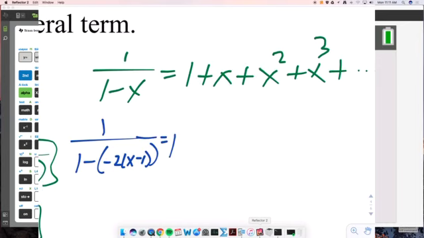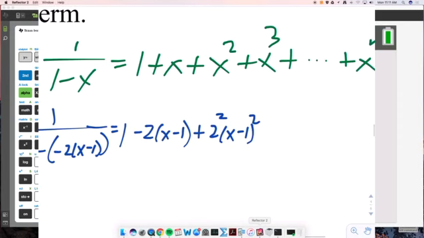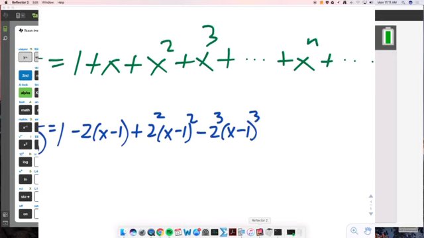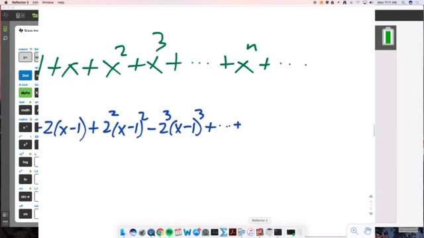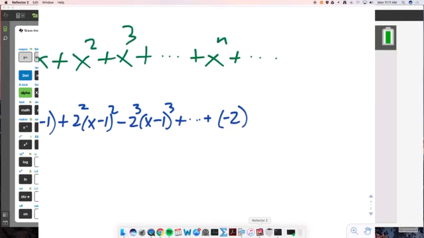It becomes 1 minus 2 times x minus 1. When I square it, it becomes plus 2 squared times x minus 1 squared. The next one's going to be a minus 2 cubed times x minus 1 cubed plus dot, dot, dot, plus. Now then I'll just go ahead and do the full replacement here. It's negative 2 to the nth times x minus 1 to the nth plus dot, dot, dot.